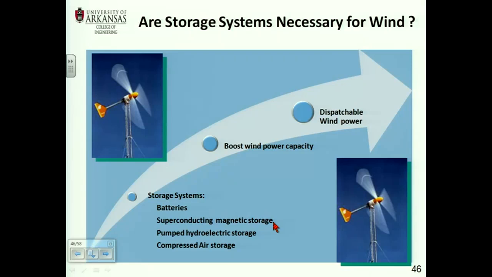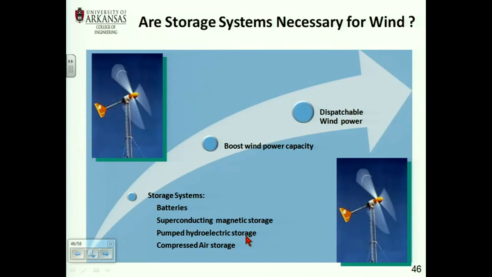The base case for energy storage, what is this? It's Beaver Dam. You can store water there as long as you want. And that is called the base case. Some folks talk about compressed air, well, probably we are going to get there. And that's pump hydroelectric storage. You have two reservoirs, one at the bottom, one at the top.